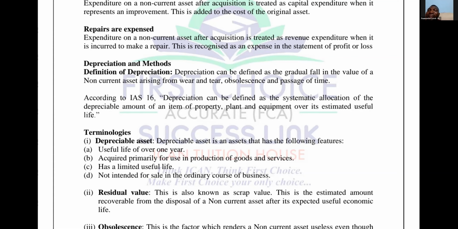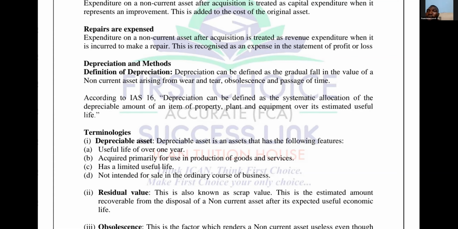According to IAS 16, depreciation can be defined as the systematic allocation of the depreciable amount of an item of property, plant, and equipment over its estimated useful life. This is saying don't just spread the cost of an asset arbitrarily, but do it in a systematic way.